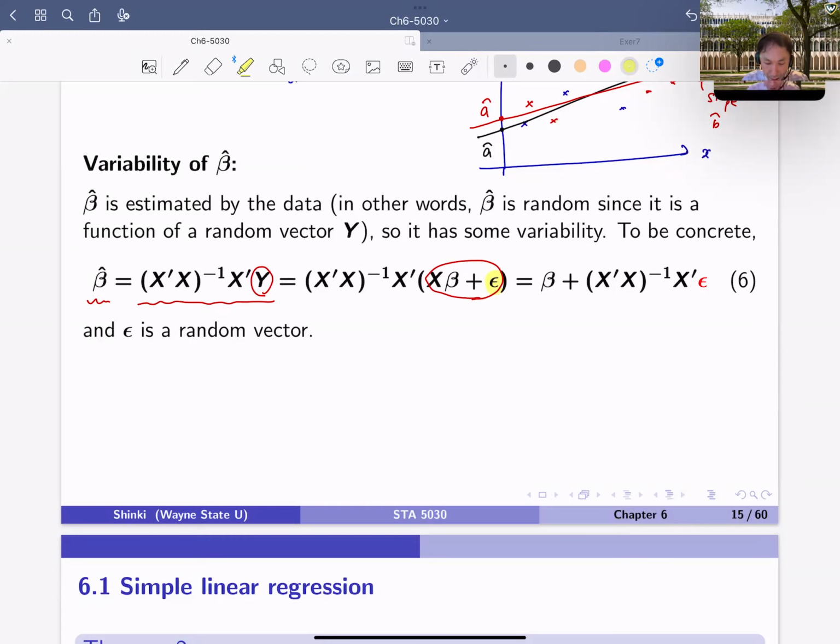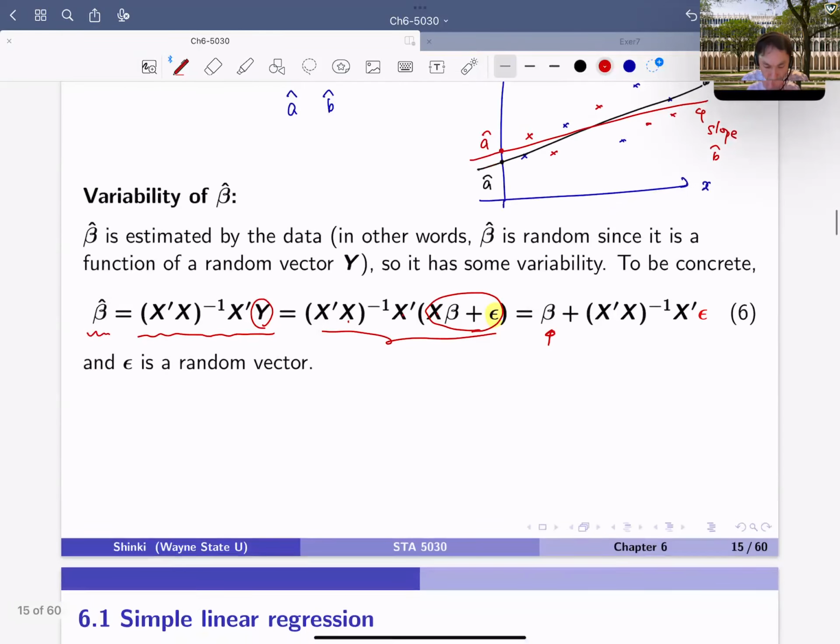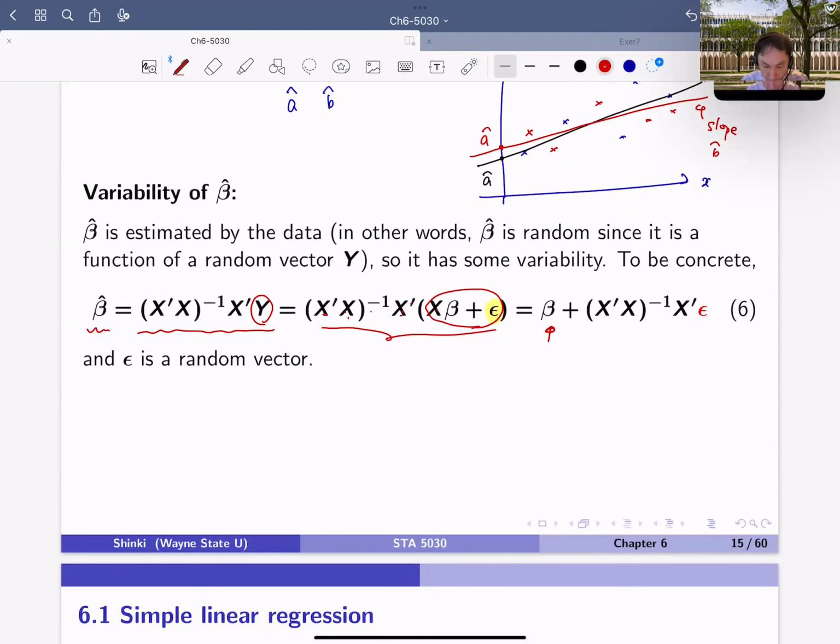So actually, if we expand this equation, you can see this is (X transpose X) inverse X transpose X times beta. That cancels. So we just have beta here, plus (X transpose X) inverse X transpose epsilon. So we have this. And this is actually random because epsilon is random.